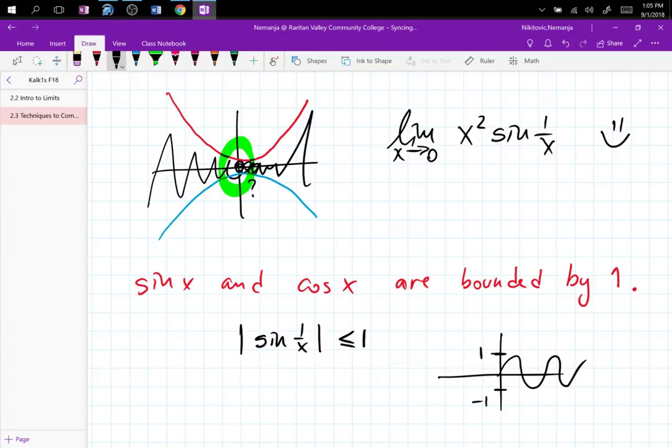That's it. -1, +1. So when I say bounded between -1 and 1, that means that your sine 1 over x is in between -1 and 1.